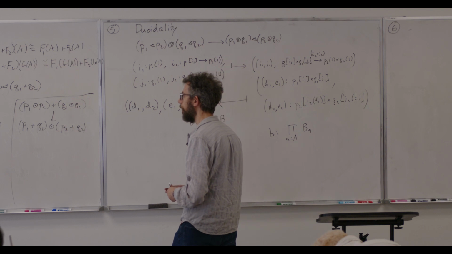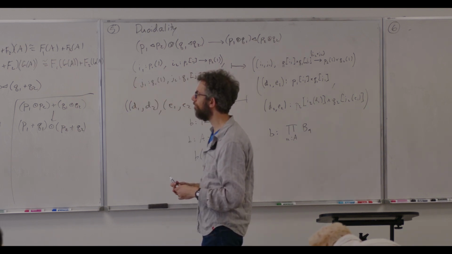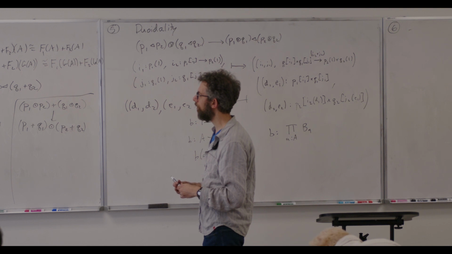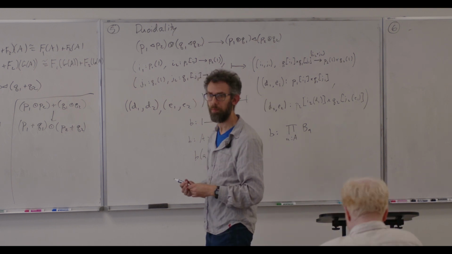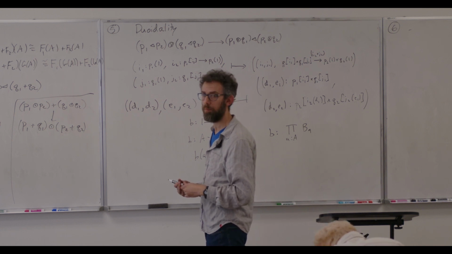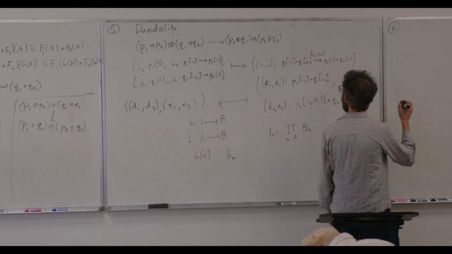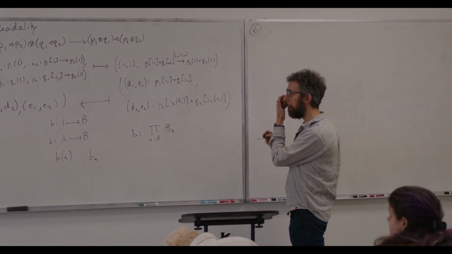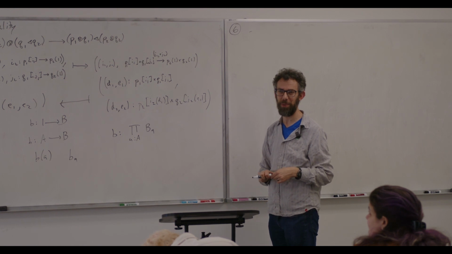It does not for tensor. That's something very nice about plus and times. I would like to know what is P1 tensor P2 composed with just a single Q. I don't know how to do that. It's not nice. I don't think it has any nice properties.